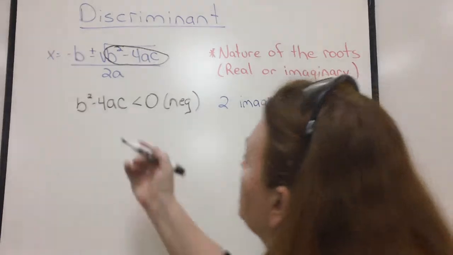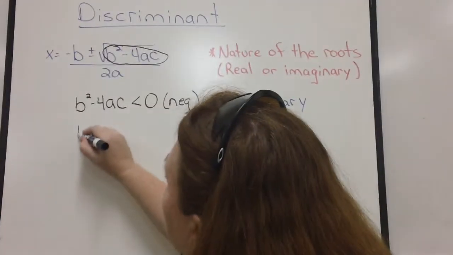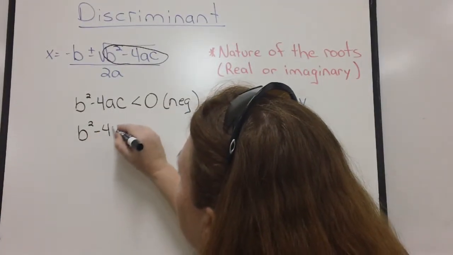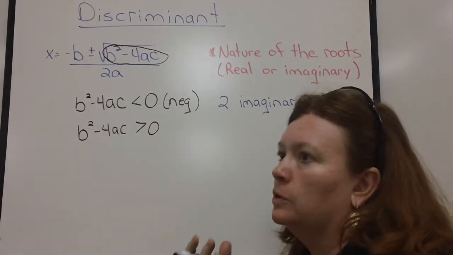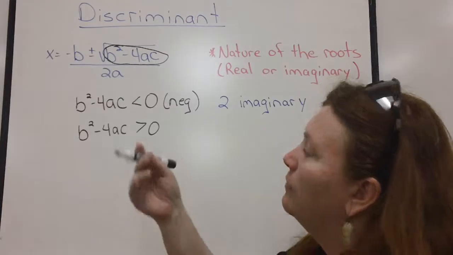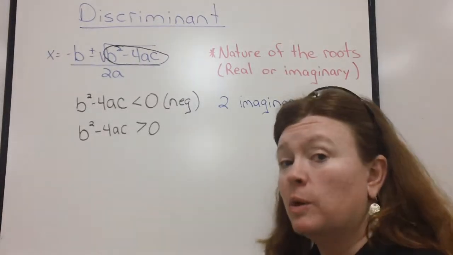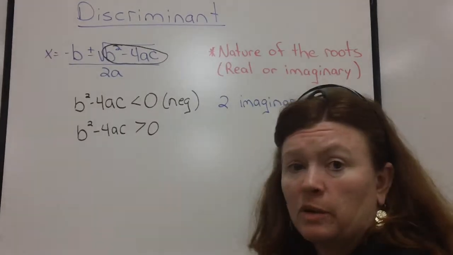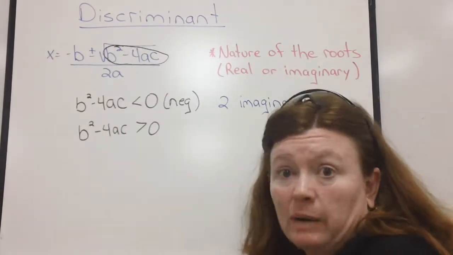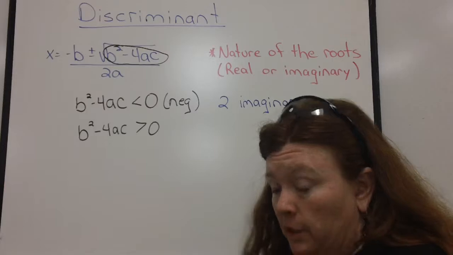But what happens if b squared minus 4ac is greater than 0? Well, I'm going to have, let's say, 5 plus or minus the square root of 13 over 2. There's nothing wrong with the square root of 13. That's what I was hoping for. It's a real number.